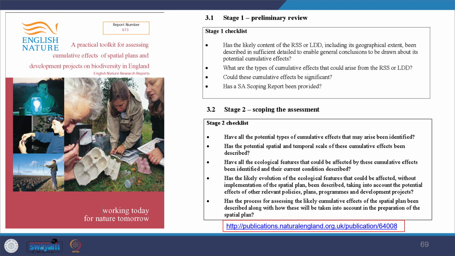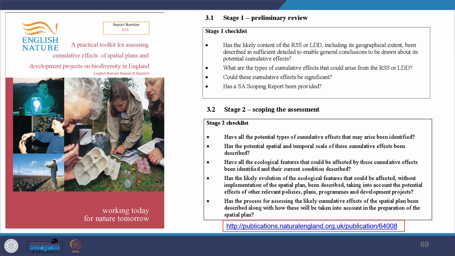Likewise, you see the stage 2 scoping assessments, where you look at whether all the potential types of cumulative effects have been identified or not, whether spatial and temporal scales have been addressed, whether ecological features have been addressed. All that has to be seen, and how the evolution of ecological features has been considered. And then you also need to see the process for assessing the likely cumulative effects. So what process you're going to adopt, that all needs to be decided here.